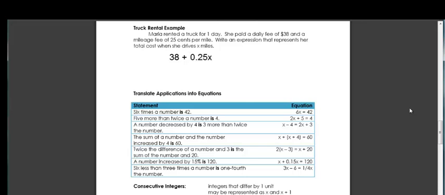So we should have 0.25X because we don't know how many miles she's going to drive. So that should be our expression. She's going to have 38 plus 0.25X, and that'll tell her how much it's going to cost to have the truck every day. That's a lot like how your problems are going to be today on your homework. They're going to be like that, and then you might have to solve them.